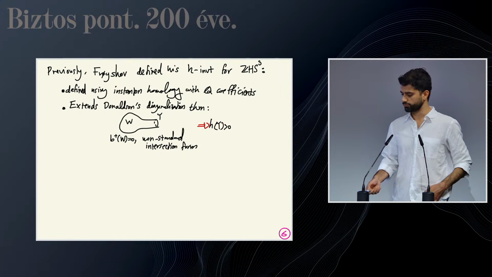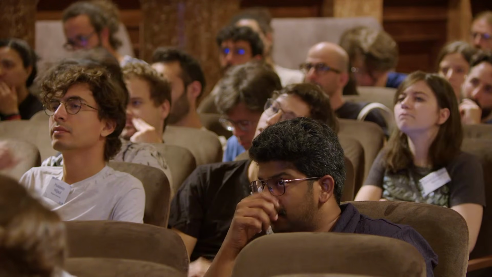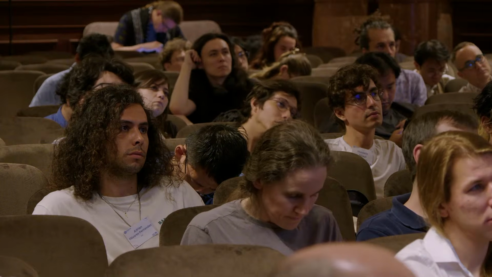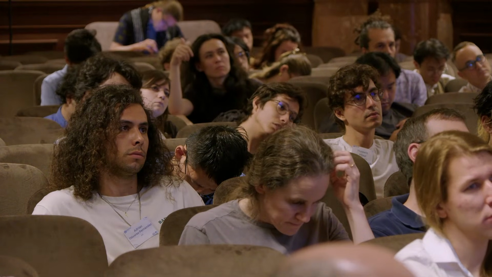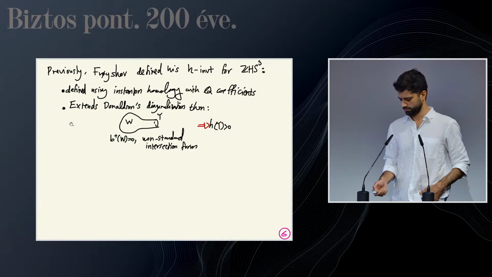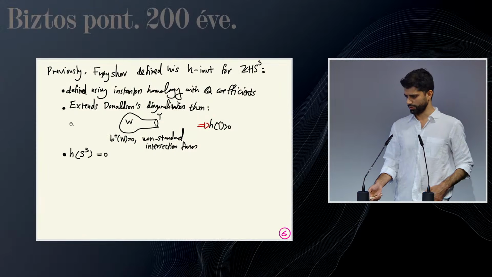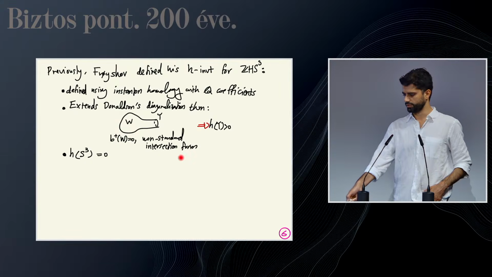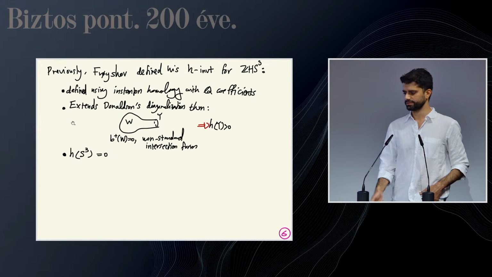In particular, if you have a 4-manifold W with boundary Y, which we assume is negative definite and has a non-standard intersection form, then he showed that under this assumption the h invariant has to be greater than 0. So in combination with the computation of the h invariant of S3, which is equal to 0, you can see that this generalizes Donaldson's diagonalizability theorem.